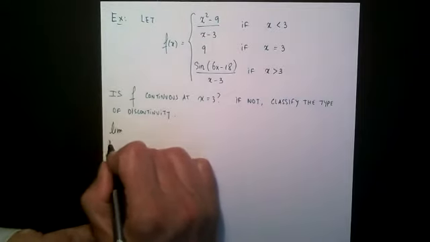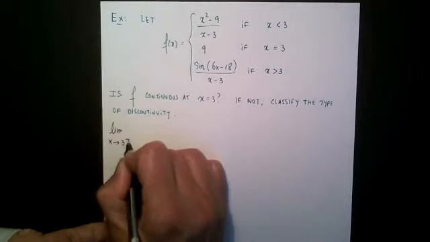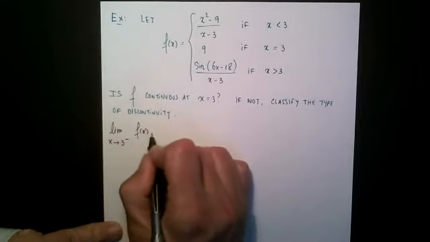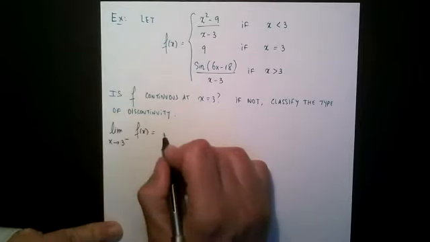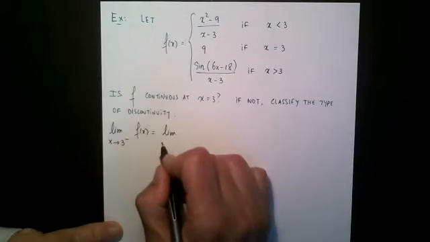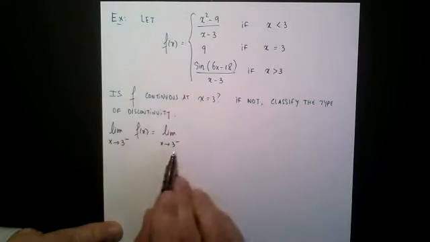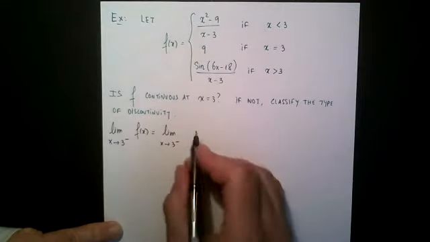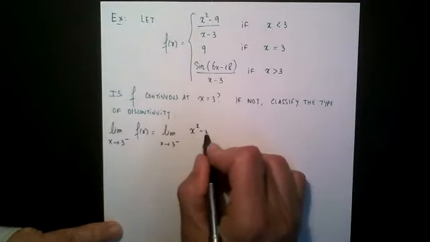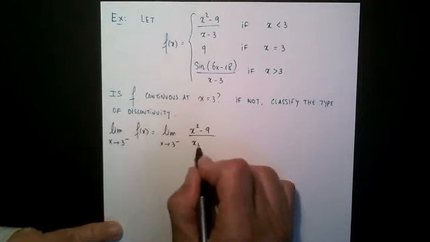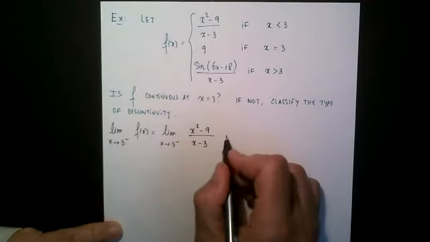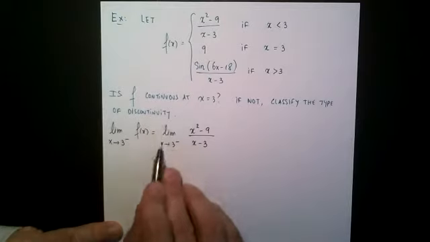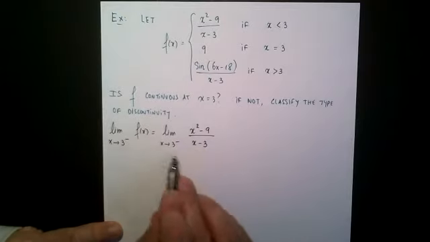So the limit as x approaches 3 from the left of f of x. Which part of the function am I going to use? Left of 3, so this function here: x squared minus 9 over x minus 3. This is a limit we need to evaluate. We've done a lot of these.